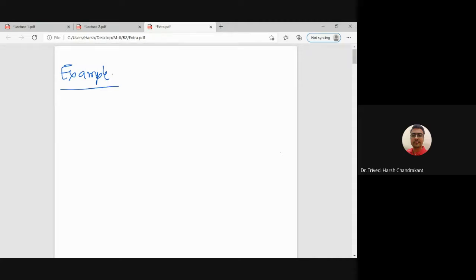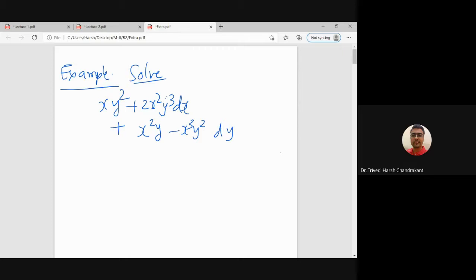So the given differential equation is: solve (xy square plus 2x square y cube) dx plus (x square y minus x cube y square) dy is equal to 0.